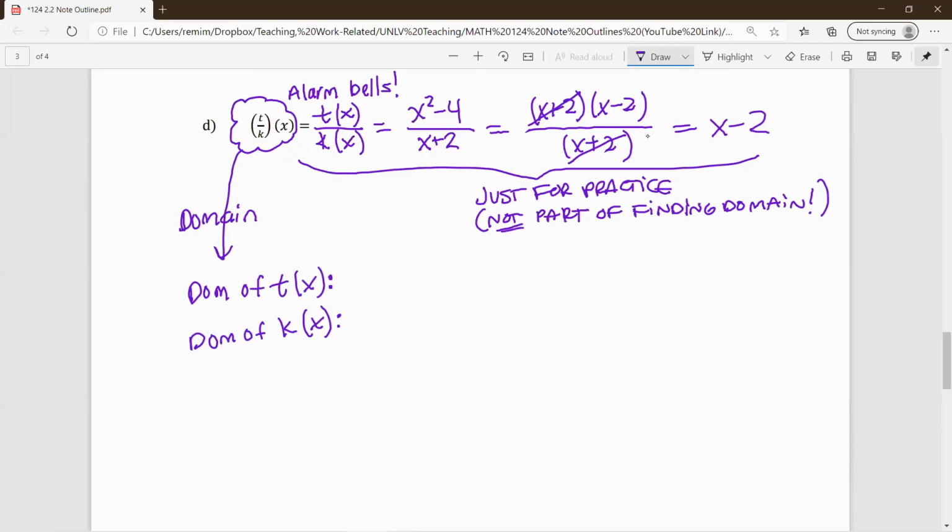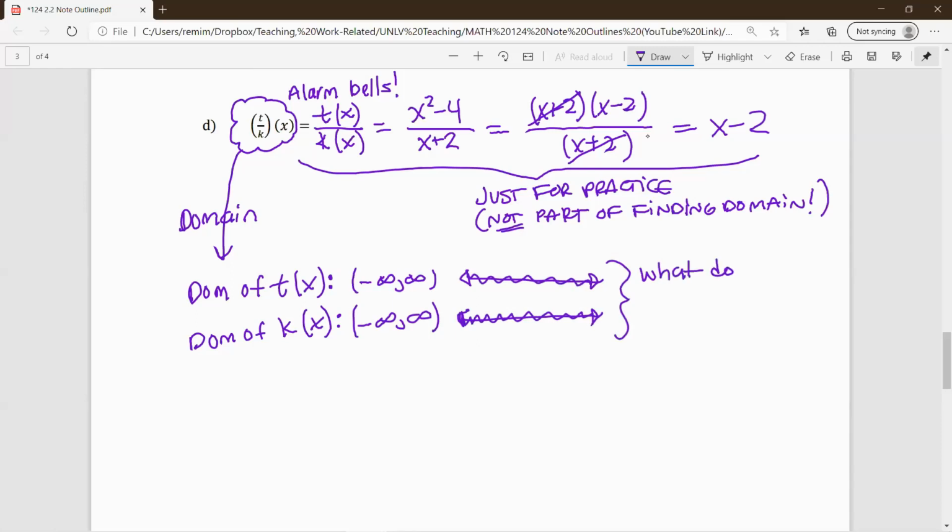For the domain of t of x, it was negative infinity to infinity, and it was also negative infinity to infinity for k of x. So when we put these on the number line, they're completely shaded everywhere. We still ask ourselves, what do these have in common? They're both shaded from negative infinity to infinity, so that's what they have in common.